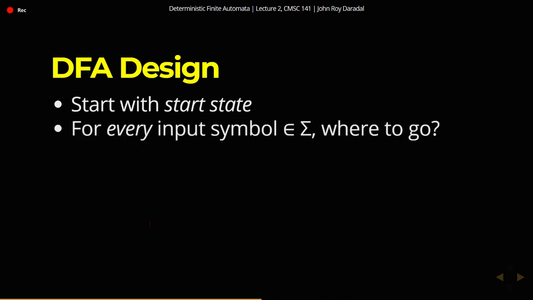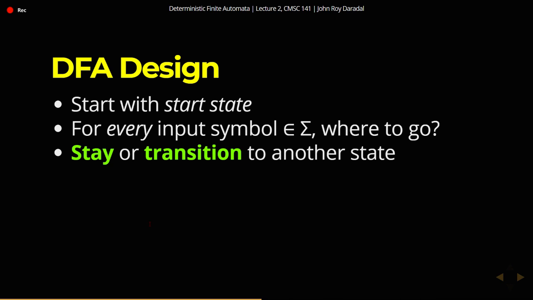Now that we have seen how to write our DFA in 3 different ways, the transition diagram, transition table, and the 5-tuple notation, how do we actually design a DFA for a given language? These are the steps in designing your DFA. Number 1, you start with the start state. Then, for every input symbol in Sigma, you need to ask, where do you go?